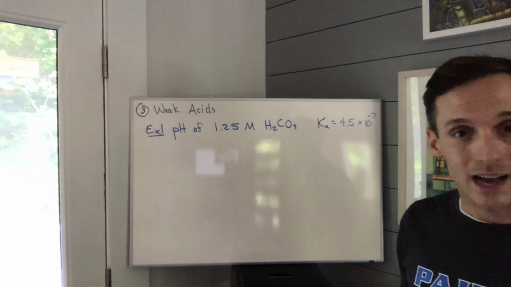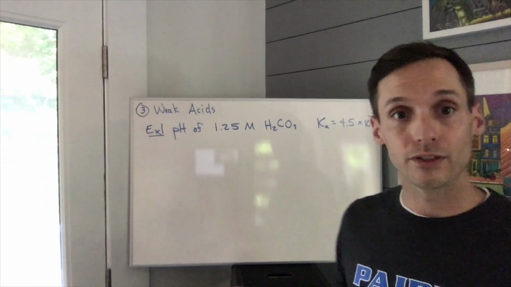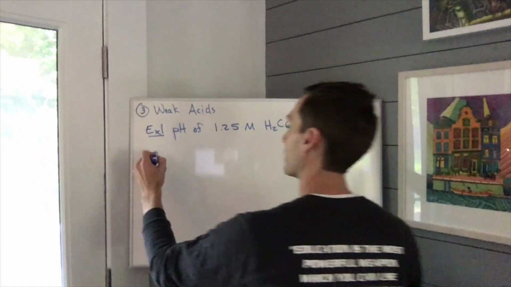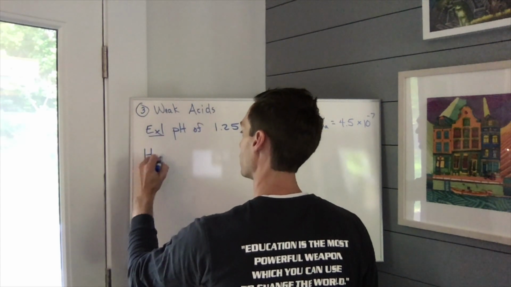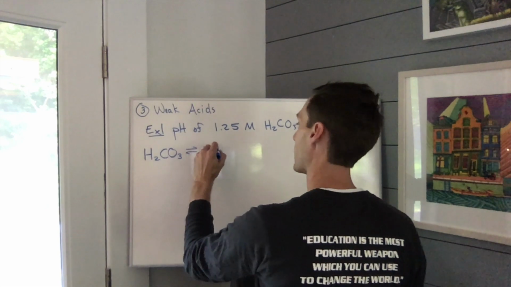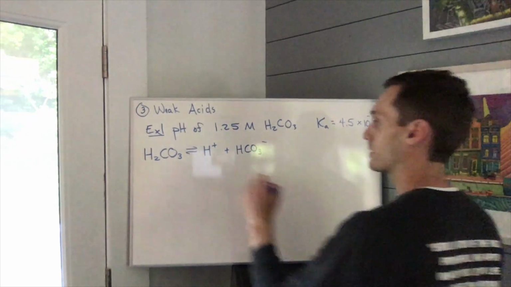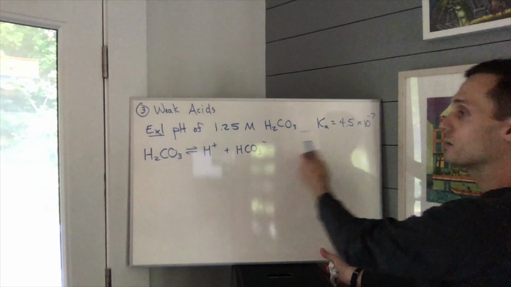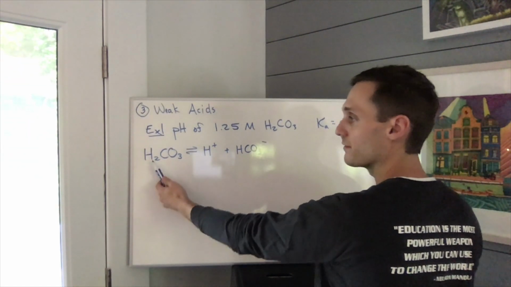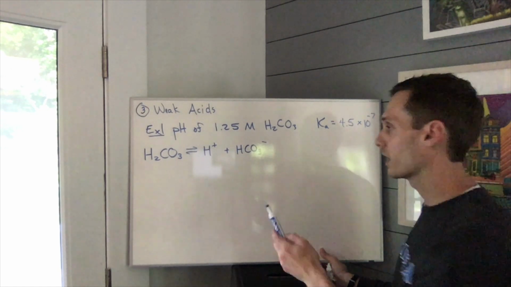So it's a really tiny number, which just tells you that it's going to heavily favor the reactants in this reaction. We have H2CO3 in equilibrium with H plus and HCO3 minus. This Ka value says that we are going to heavily favor this H2CO3 side of the reaction. Okay?